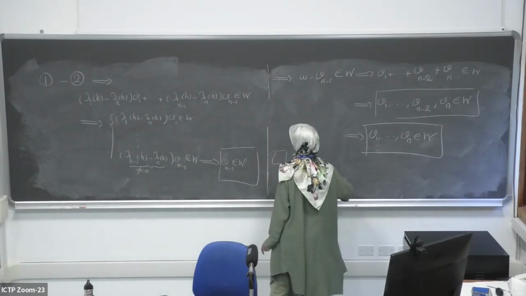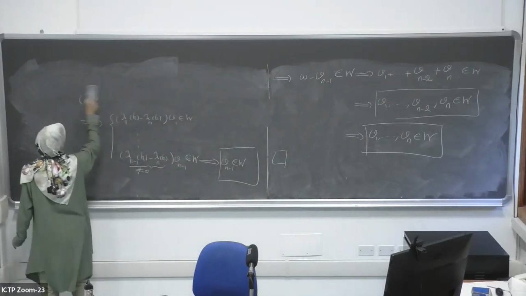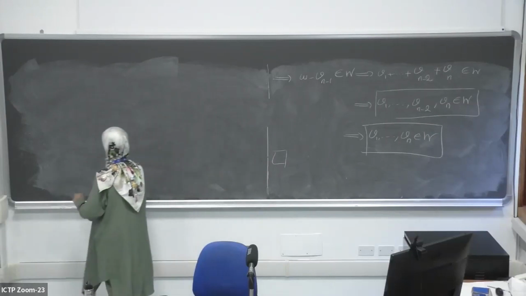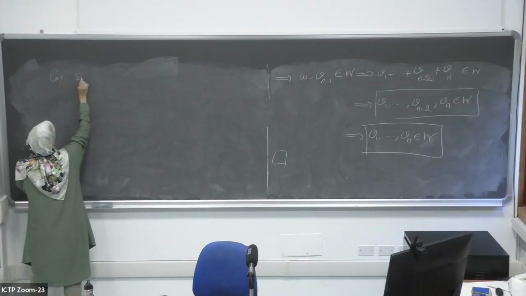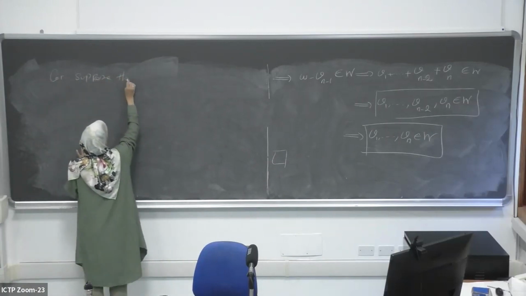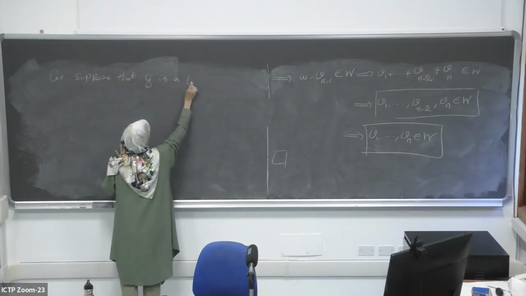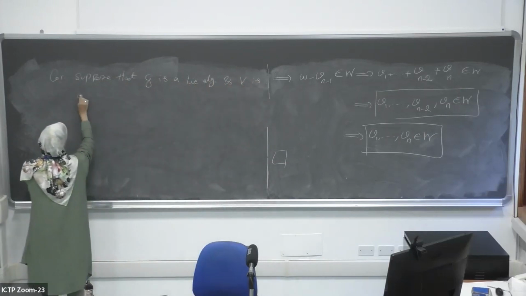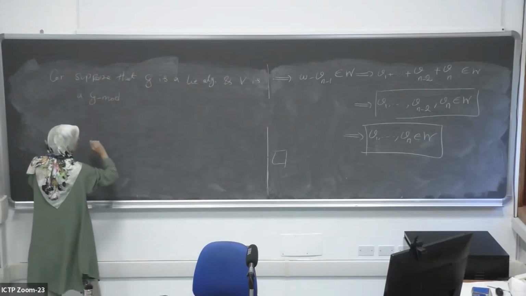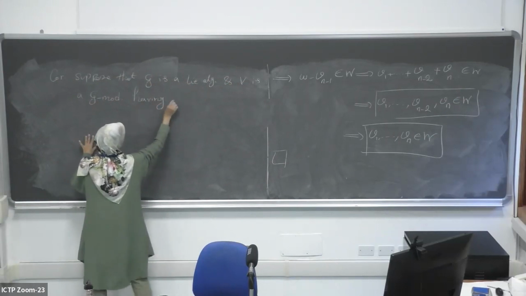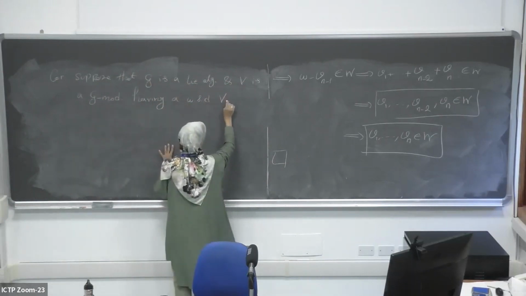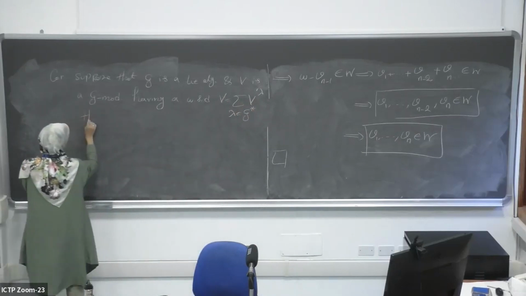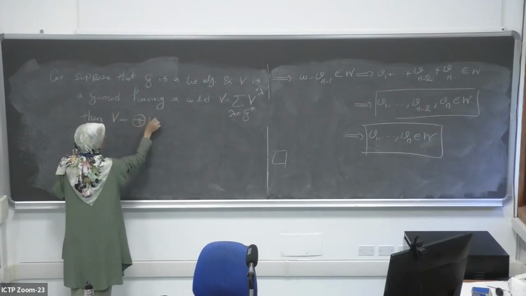And immediately we have a corollary. Suppose that G is a Lie algebra and V is a G module having a weight space decomposition V lambda with respect to G. Then V is the direct sum of the V lambda.